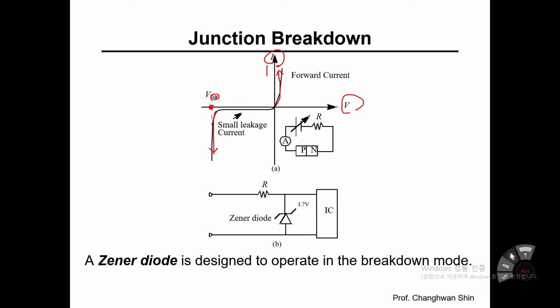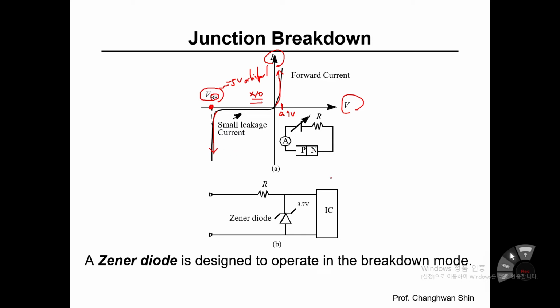However, don't forget that the current can be exponentially increasing under reverse bias as well, but that breakdown voltage should be much higher than the built-in potential or built-in voltage. Usually that is 0.7 volt, but this breakdown voltage is usually minus 5 volt or even higher. So approximately 10 times difference.